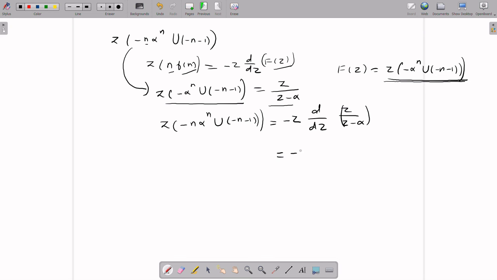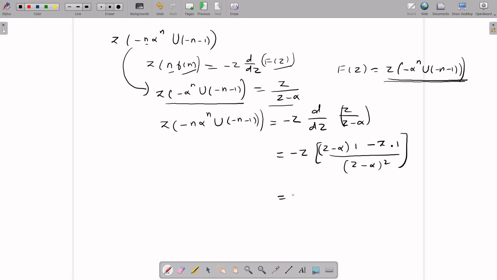Okay, so minus z, and we have to differentiate this with respect to z. The numerator by denominator is there, so you have to apply the u by v rule. That is, denominator into the differentiation of the numerator, z with respect to z, is 1, minus z into the differentiation of the denominator with respect to z, that is z with respect to z is 1 minus the differentiation of a constant, which is 0. So this term becomes 1 alone, divided by z minus alpha the whole square.